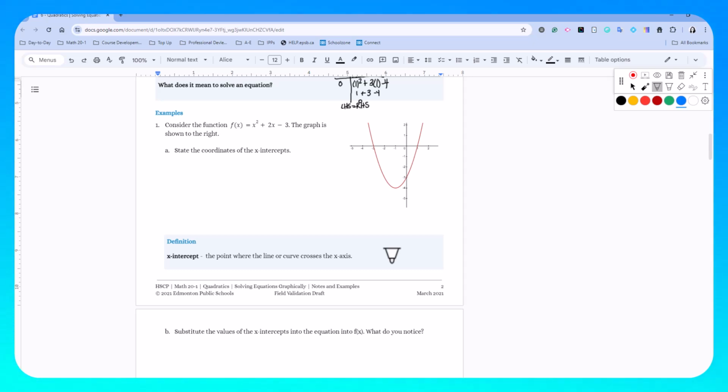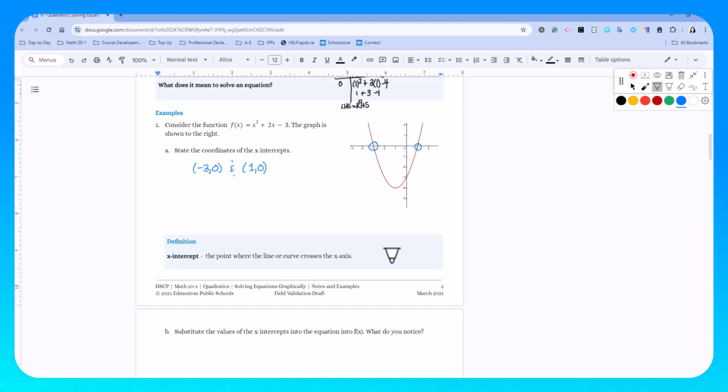So consider the function y equals x squared plus 2x minus 3, and the graph of this is shown to the right. Now this is a pretty basic thing. State the x-intercepts. Fair enough. So we find this x-intercept and this, and as an ordered pair, we could say one of the x-intercepts is (-3, 0), and the other one is (1, 0).